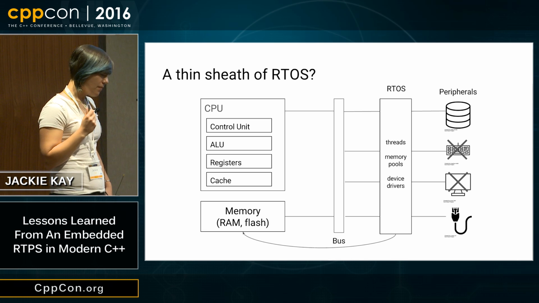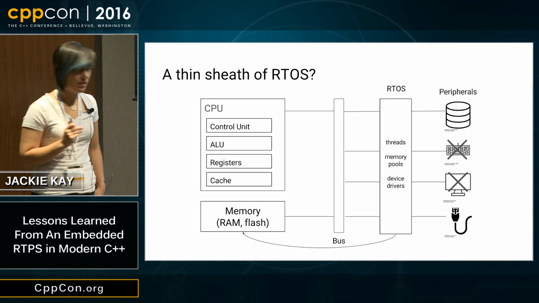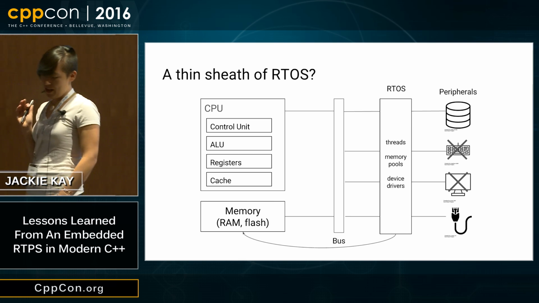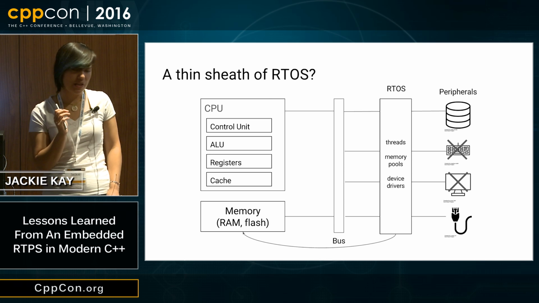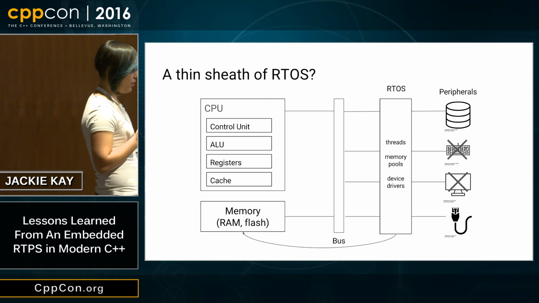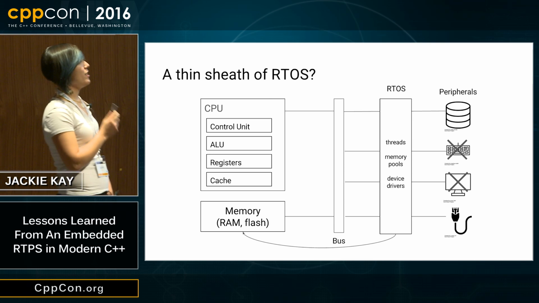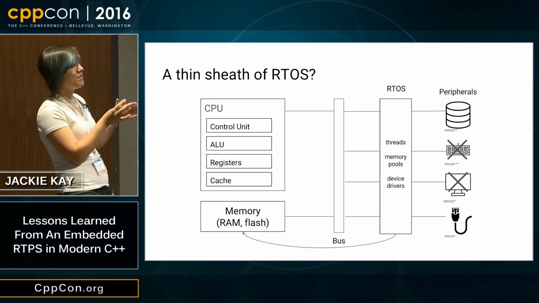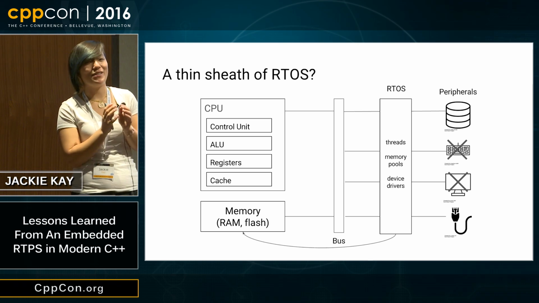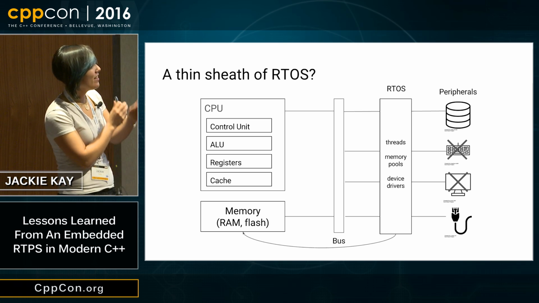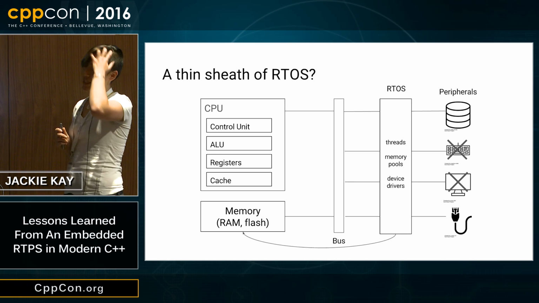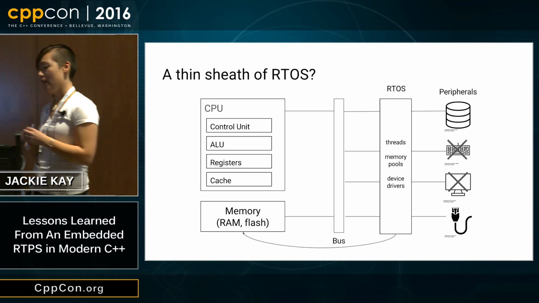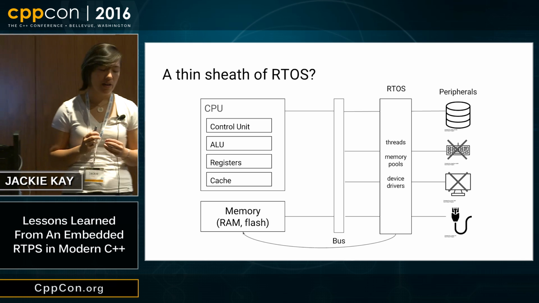So a real-time operating system, I like to think of it as a small operating system with components that you can grab and put into your embedded binary as you pick and choose. I'm graphically representing it as a thin layer of operating system that you can put on your device. And what's cool about embedded development is because you're cross-compiling for a small target.